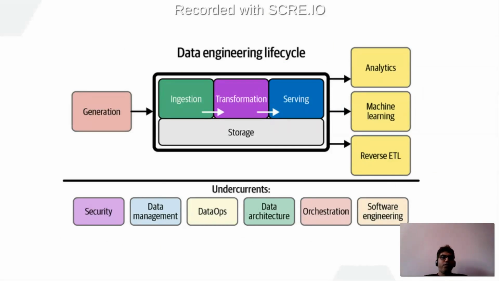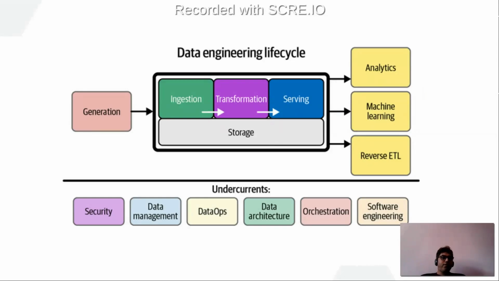Now you can see the data was generated from digital products, digital devices, right? Then we made the data go through different stages: ingestion, transformation, serving. And as I mentioned previously, storage is a common part in the entire data project, because we need to retain or store the data in order to do several manipulation changes in the data.